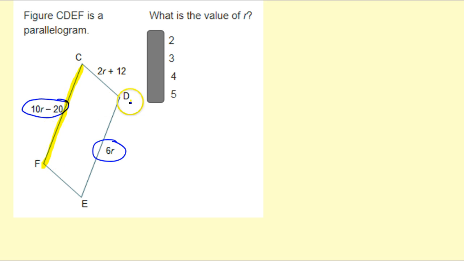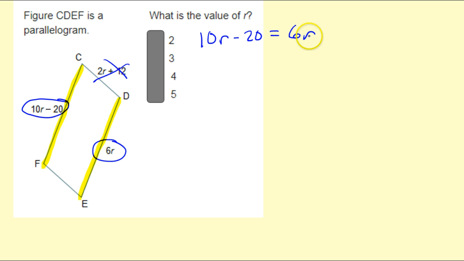They should not equal CD, which is shorter, but we don't need that. Let's make our equation out of these two: 10r minus 20 should equal 6r.